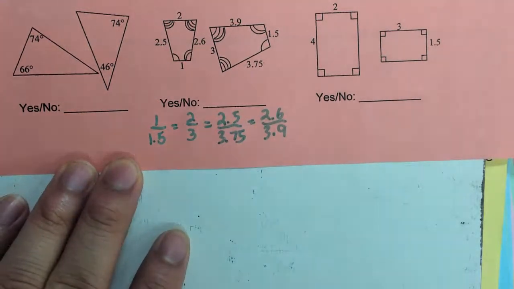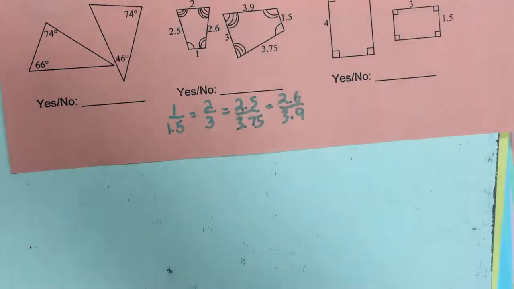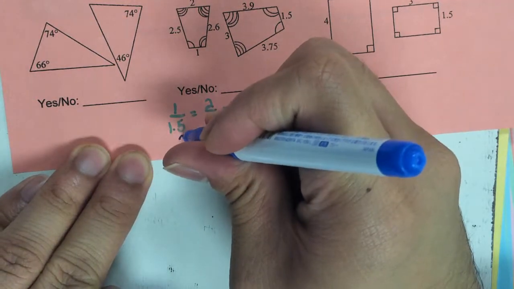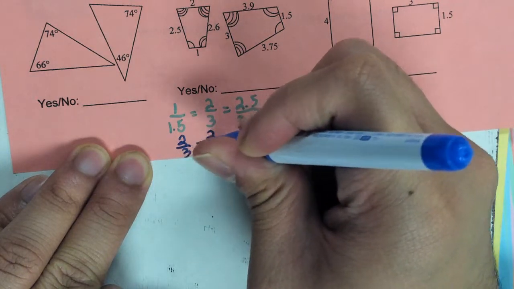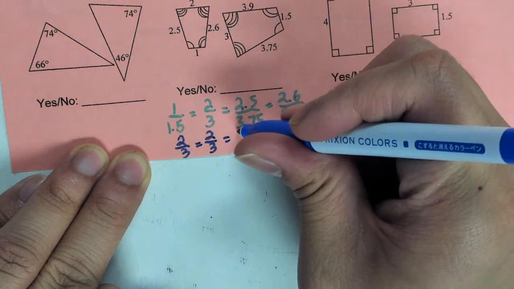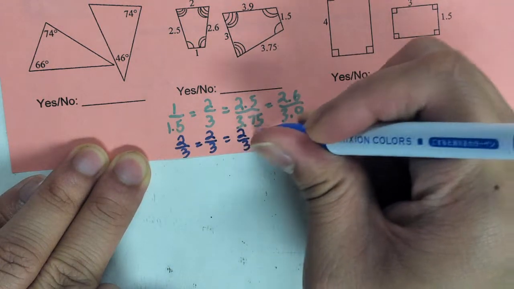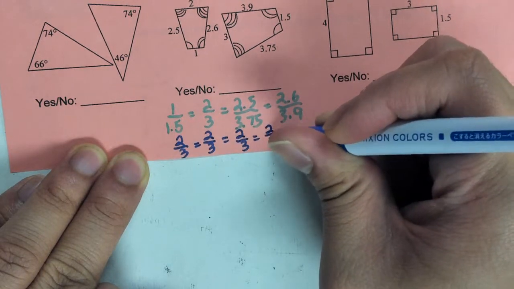If you were to type this into the calculator and tell the calculator to simplify your fractions, the calculator will tell you that 1 divided by 1.5 is the same as 2/3, and we already know that's 2/3. 2.5 divided by 3.75, that's also 2/3. And 2.6 divided by 3.9 is also 2/3.